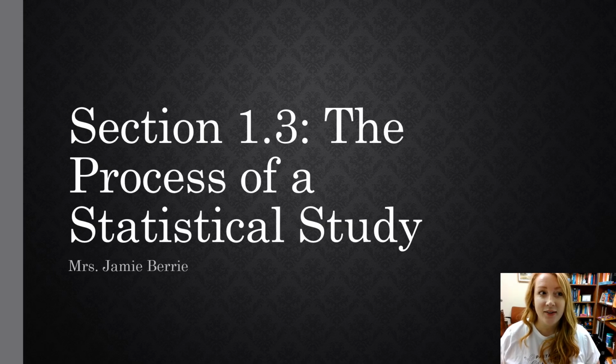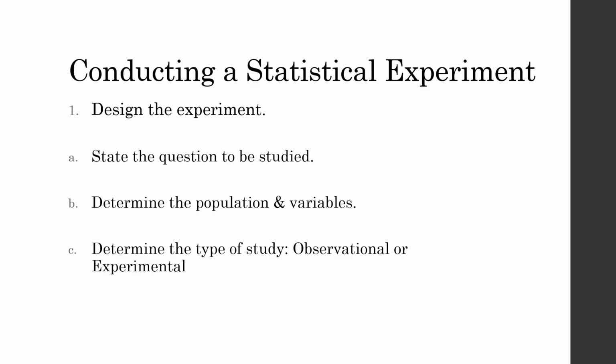So let's get started. Let's talk about the process of conducting a statistical experiment. We've got it broken down here into 4 steps. The first step has been broken down even further. It says number 1, design the experiment. This is super general.